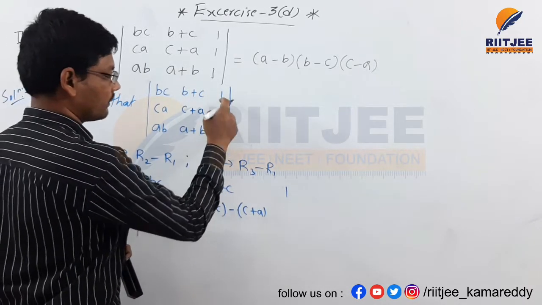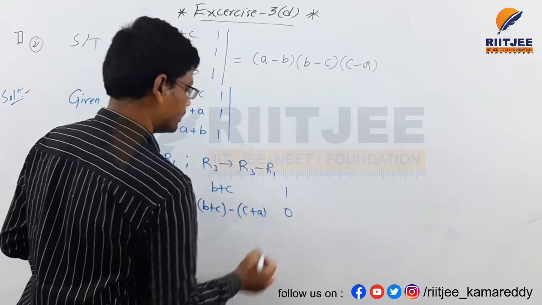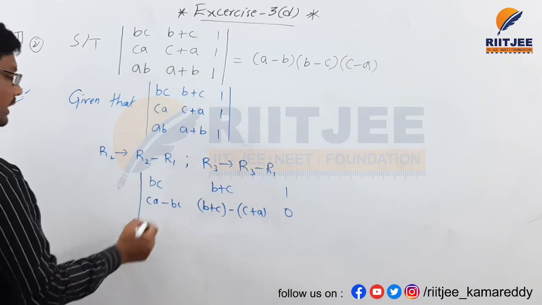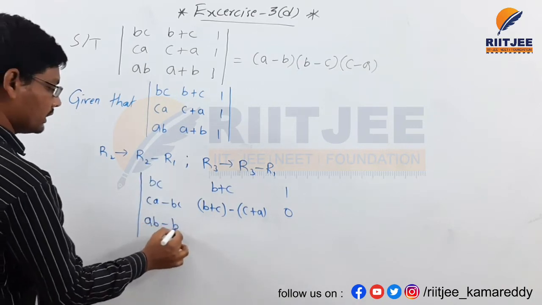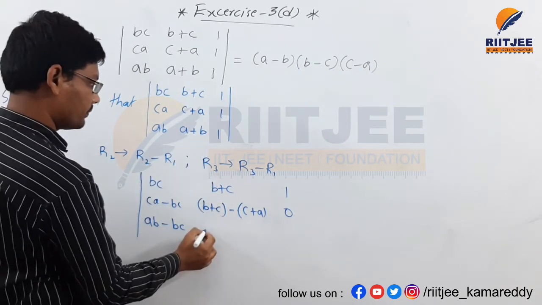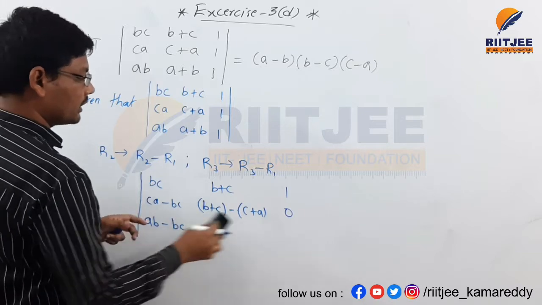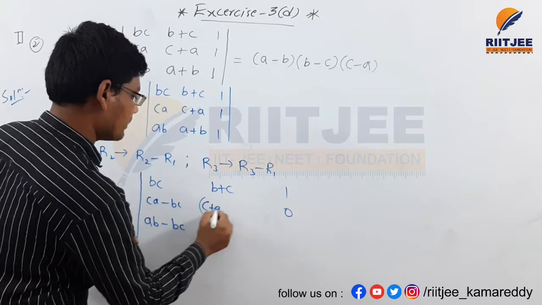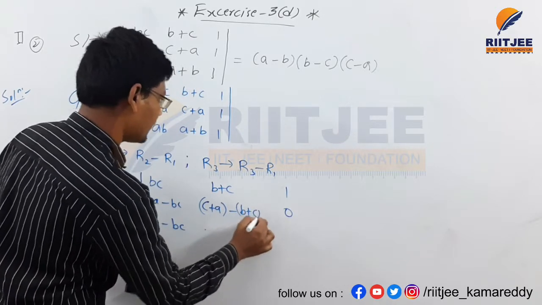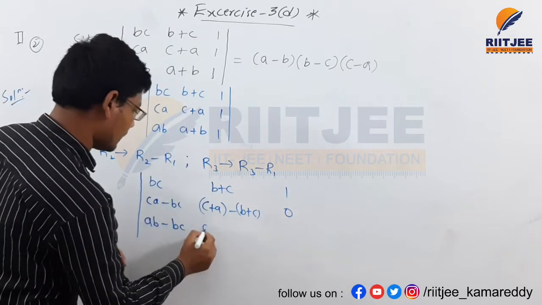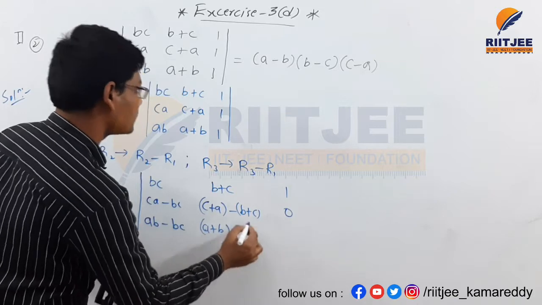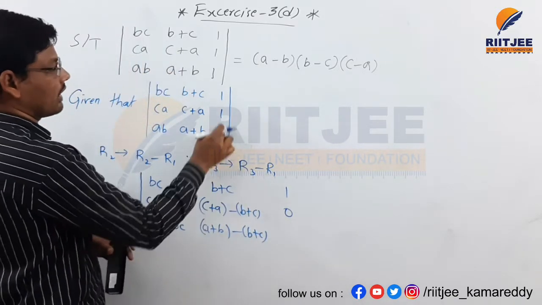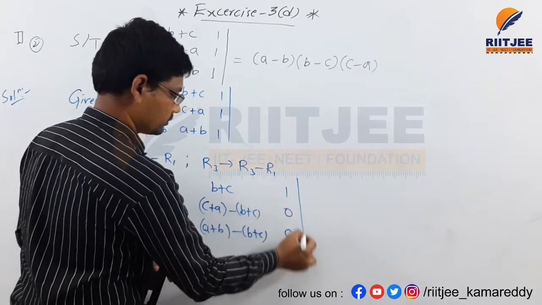1 minus 1, R2 minus R1, that is 0. And R3 minus R1: AB minus BC, and A plus B minus B plus C, and 1 minus 1, that is 0.